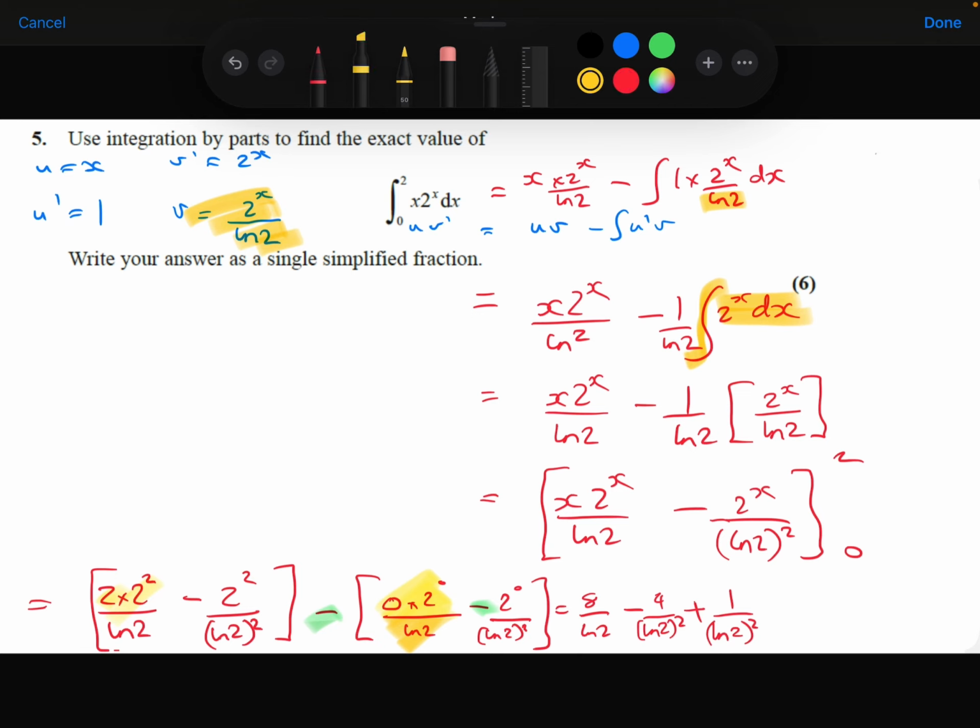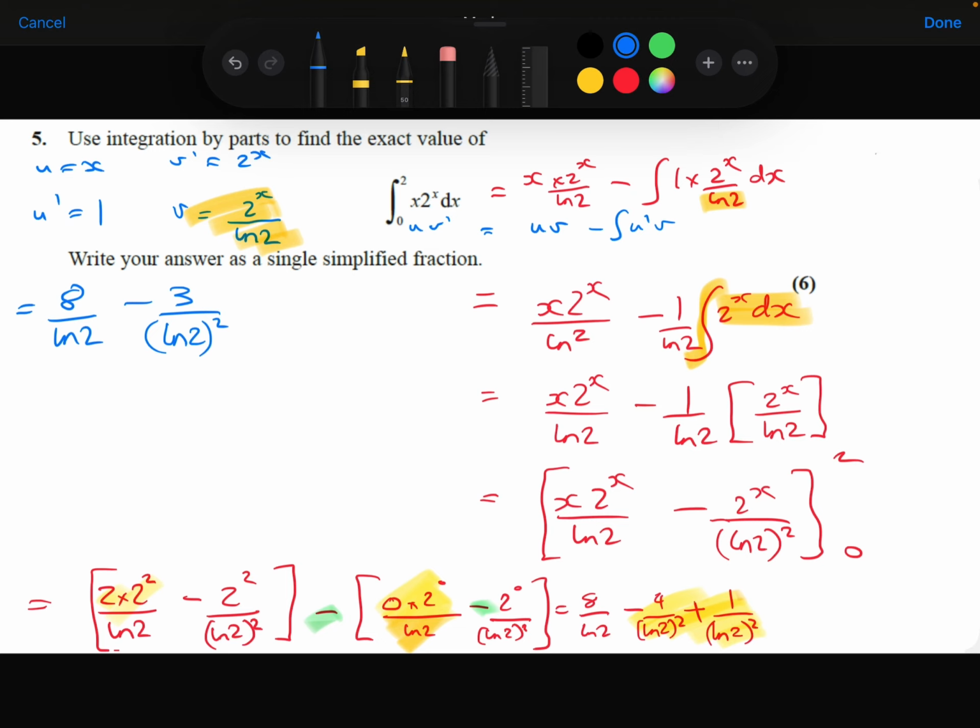We can now see that these are like terms, so I can collect those together. The first term, the 8 over ln2, we'll leave that as it is for now. And let's do the minus 4 over ln2 squared plus 1 over ln2 squared, which is going to be minus 3 over ln2 squared.